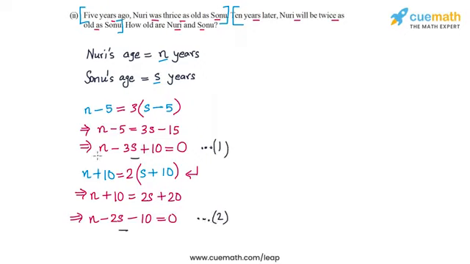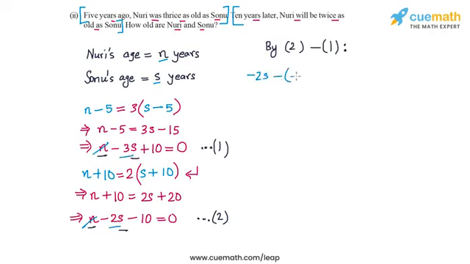And we see that the coefficients of n in both the equations are the same. We have n here and we have n here. So all we need to do is subtract the two equations, and that will eliminate n. So let's do 2 minus 1. By doing 2 minus 1, what will happen? On the LHS, n and n will cancel and we'll be left with minus 2s and minus 3s.